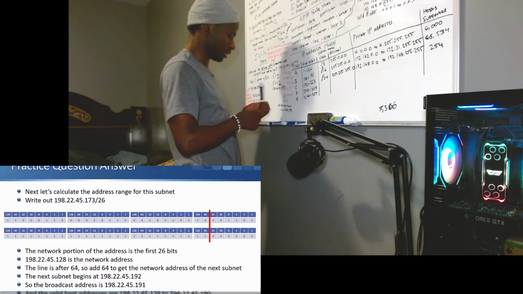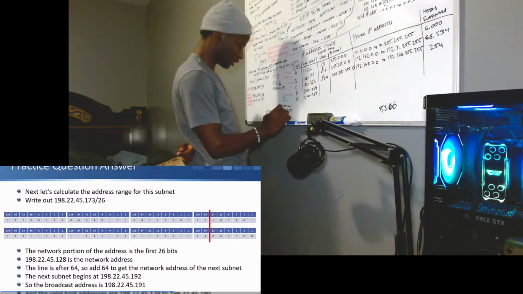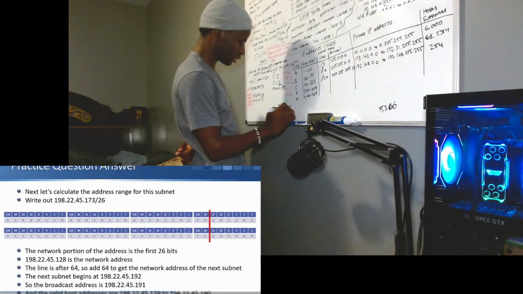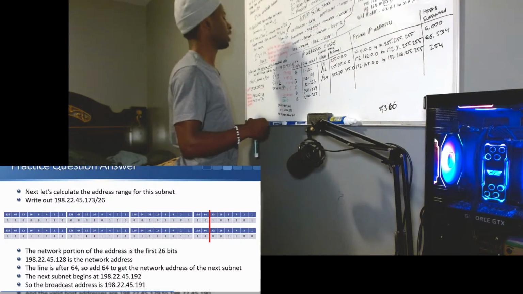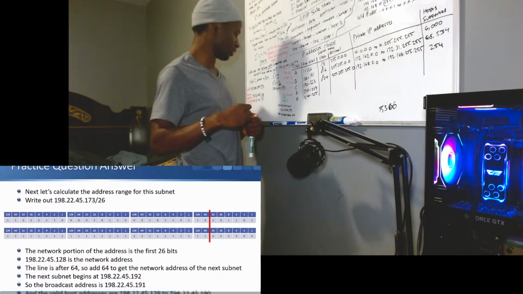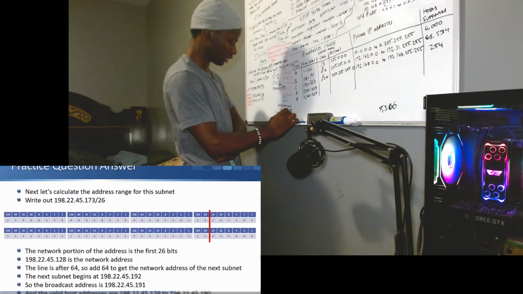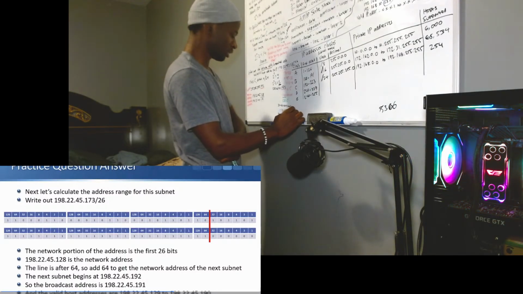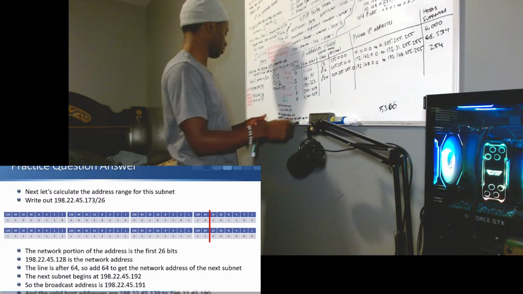Since we only wanted these two, the numbers after 64 are added to the last network address octet.